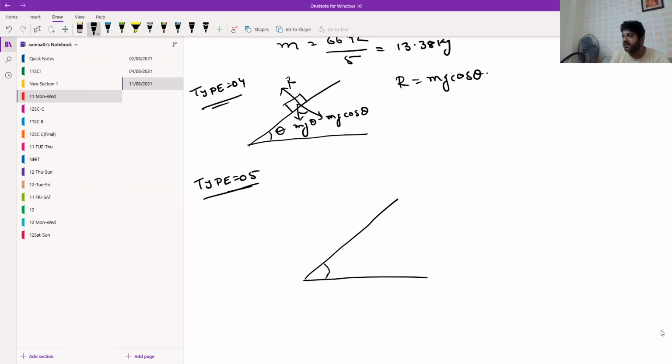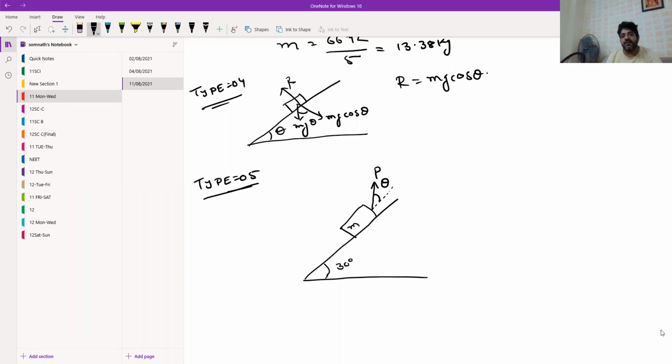This angle is theta. This angle is 30 degrees, and we put a block here. Let the mass of the block be m, and suppose P is the force I am applying, which makes an angle theta with the plane.